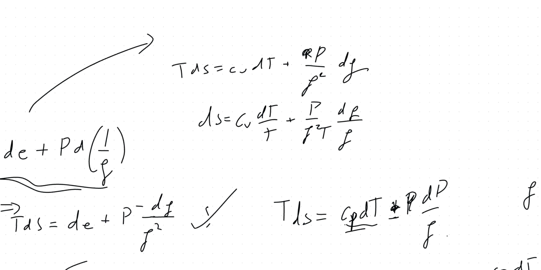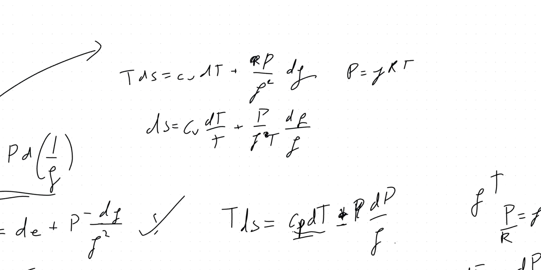So P over rho T equals R. Yeah, I didn't know I would use that here, but the numbers follow that, so yeah. R d rho divided by rho.